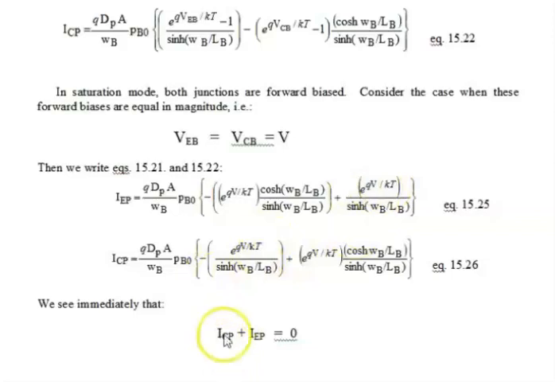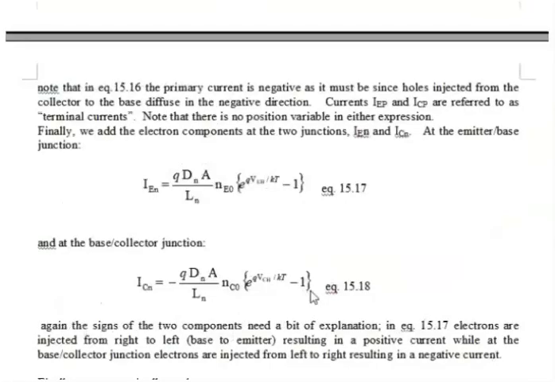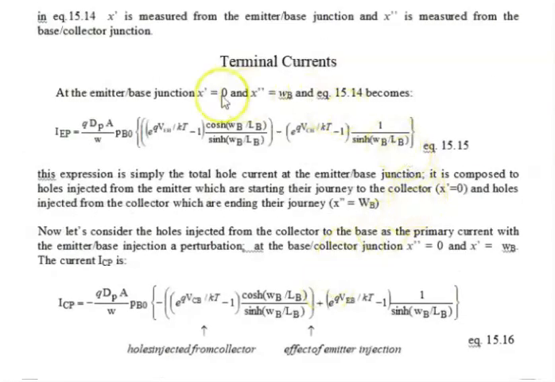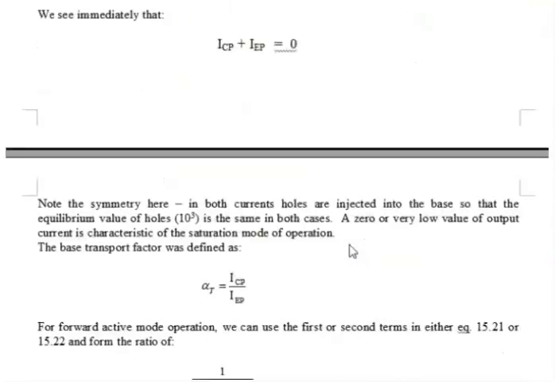The ICP is negative, it's going from right to left, and the IEP is positive, going from left to right, and the total current is 0. So while these equations, 15, 16, may seem a little bit obtuse and intimidating, at least for one case, the saturation case, they make sense, and they give exactly what they should be giving.